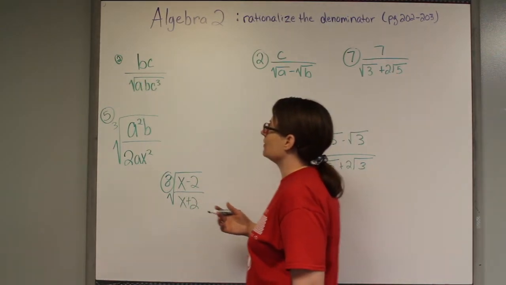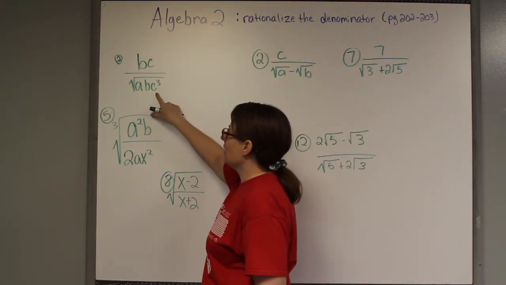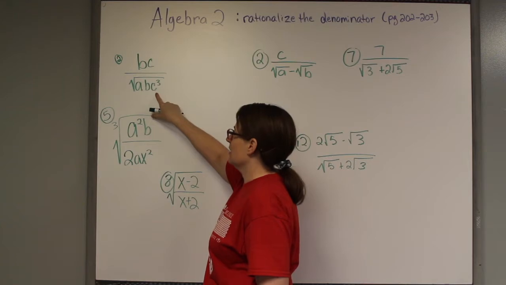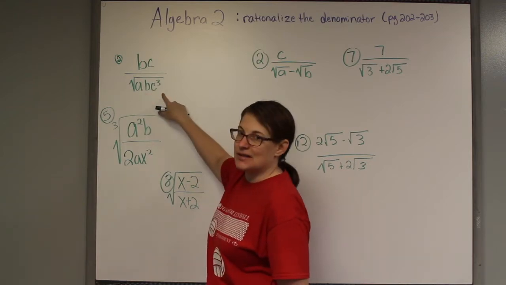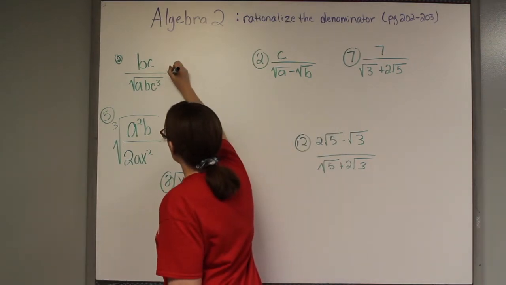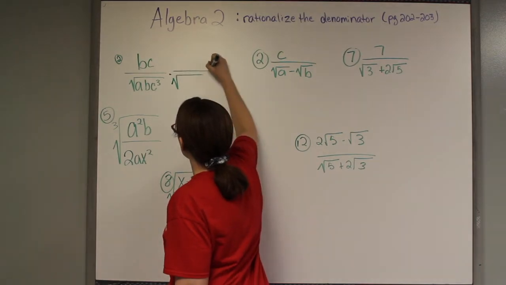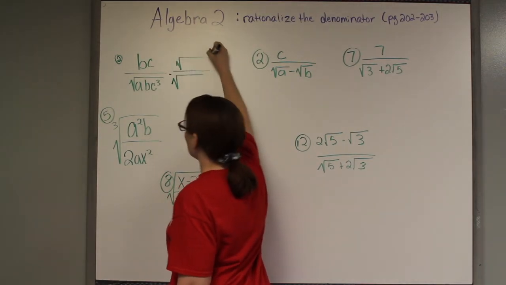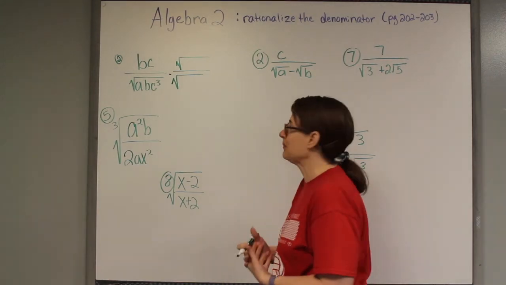So what I want to do is make sure that all of these things are squares. So I need to multiply by something that's going to make these squares. They're letters, so that's a little bit easier. Whatever I multiply on the bottom, I must multiply by on the top. But we don't care if there's a radical on the top. We just want the radical out of the bottom.